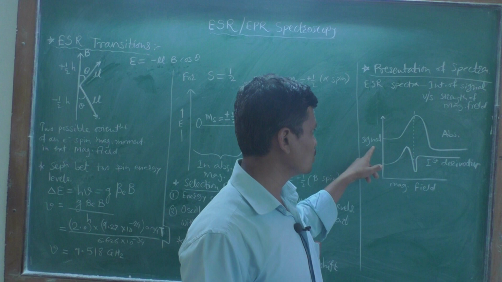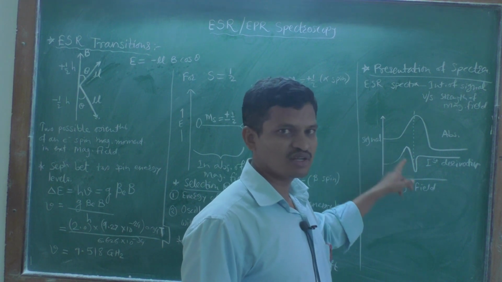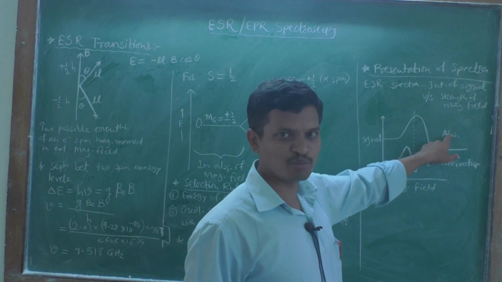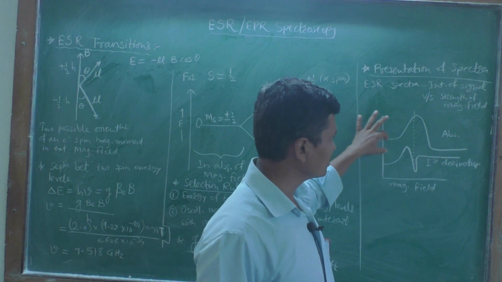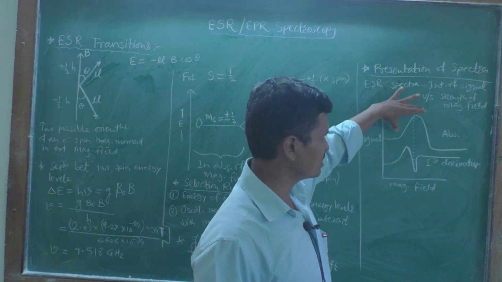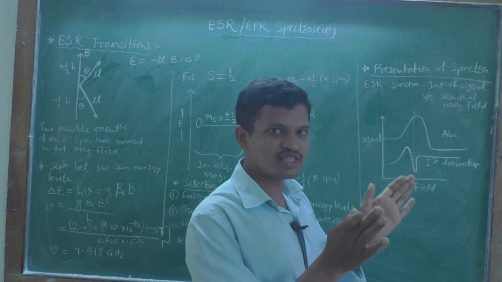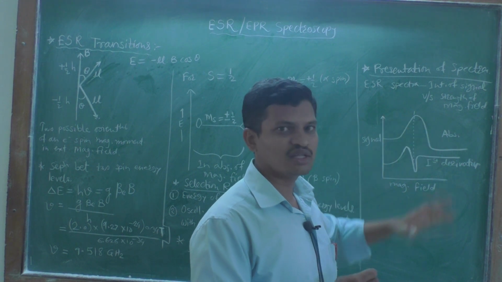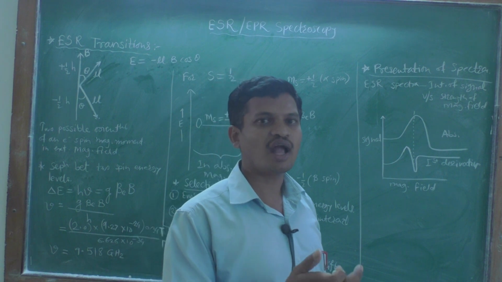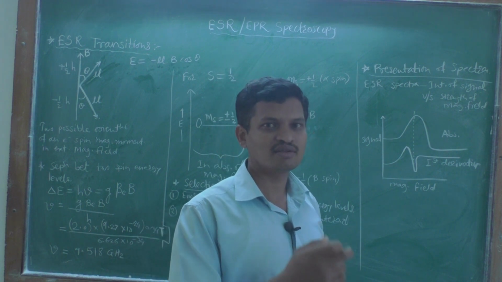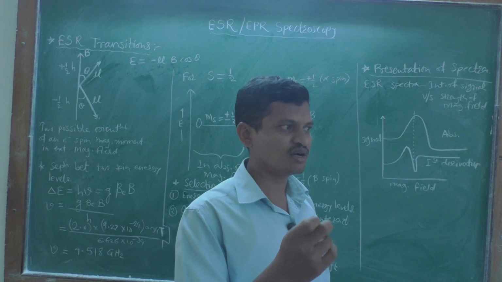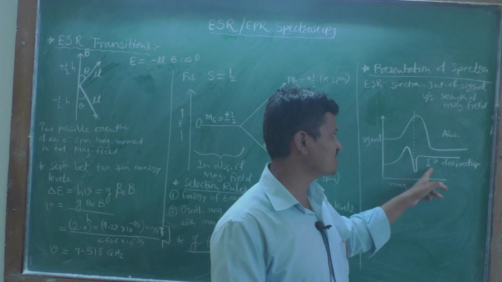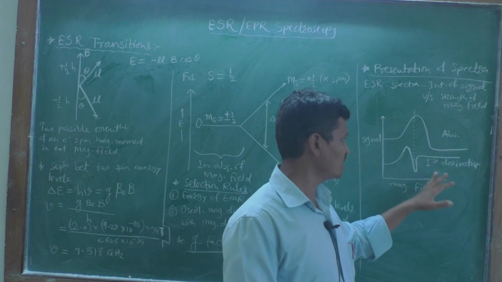This graph shows signal versus magnetic field for the ESR spectrum. The upper portion shows the absorption peak, and the signal is very broad, so it is very difficult to measure the exact frequency of the absorbed radiation. Hence it is advised that the first derivative, or the slope of the absorption curve, be taken.